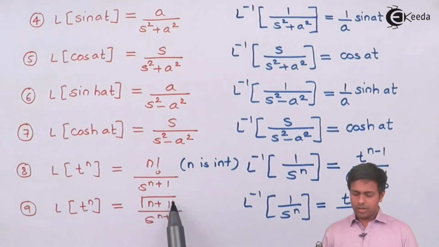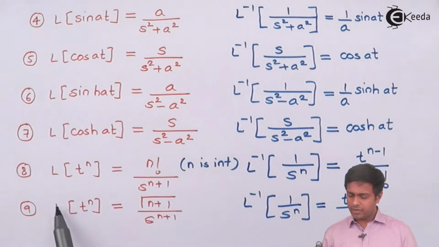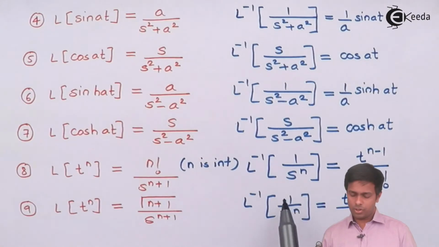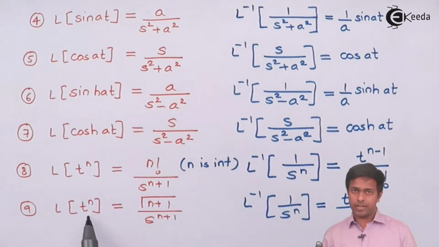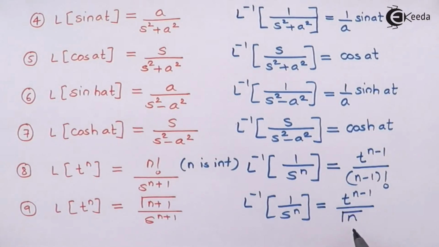So since the power of s is n, inside the gamma we will get n. Now we are finding L inverse of this quantity, and the gamma n plus 1 I have not considered, so it will go to the LHS and divide there, so that will become gamma of n.